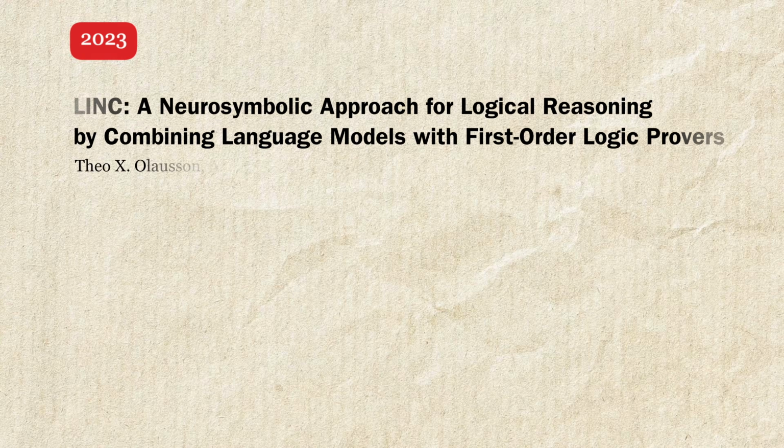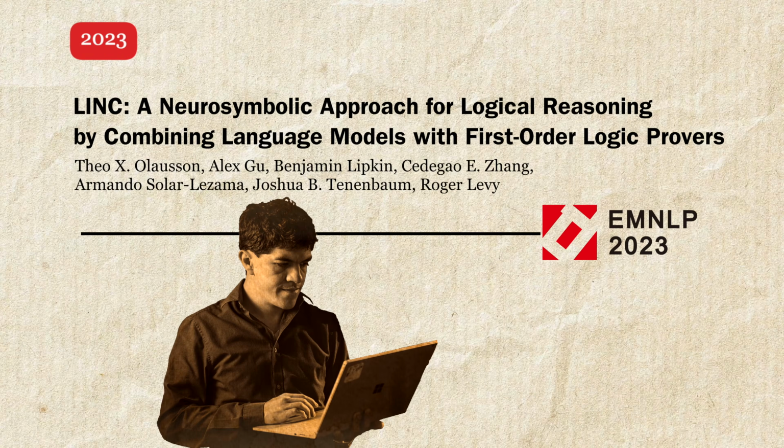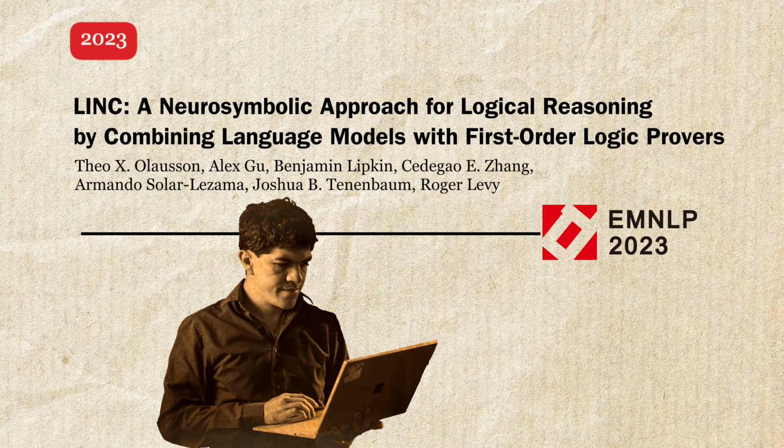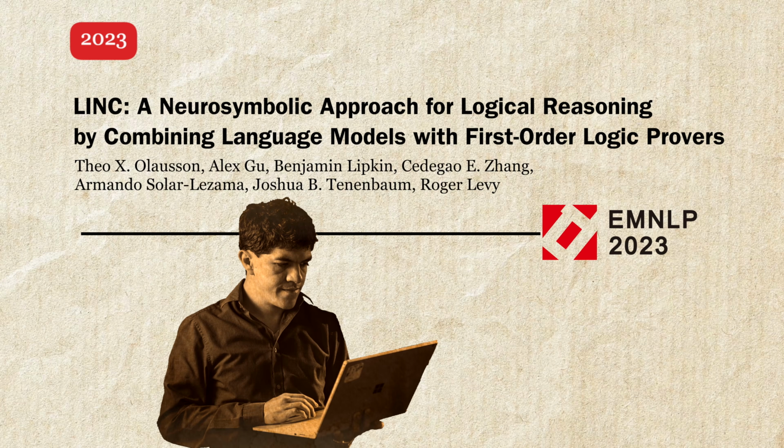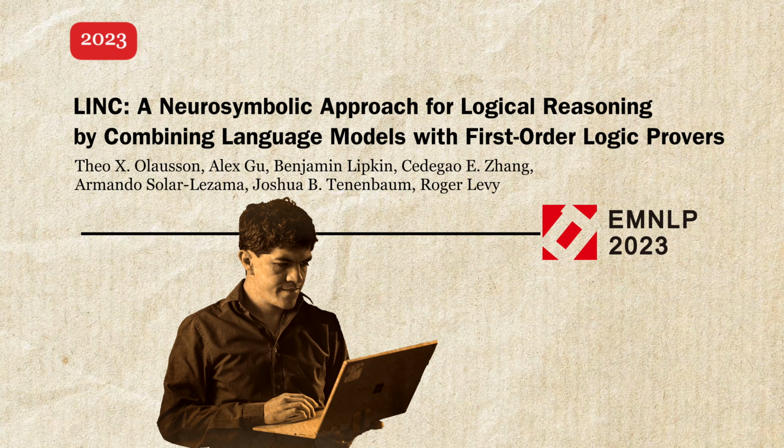What is LINC? In collaboration with several of our colleagues here at MIT, I had the privilege of participating in this LINC project a couple of years ago, where we explored what happens if, when a language model is dealing with a question that involves some detailed logical reasoning, instead of just outputting the answer, it translates the question to a formal notation that can be given to an automated reasoning engine that can then come back and produce a reliable answer.